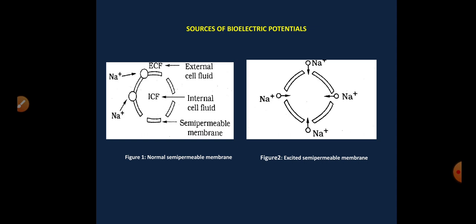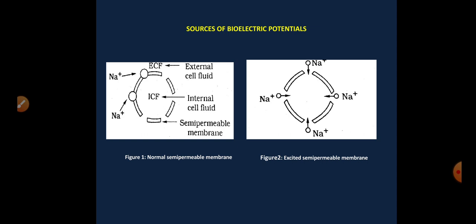The sodium ions can enter the membrane when the holes are increased. Due to some stimulation or excitation of the cells, the size of the holes increases, and then readily the sodium ions can enter the cell membrane.